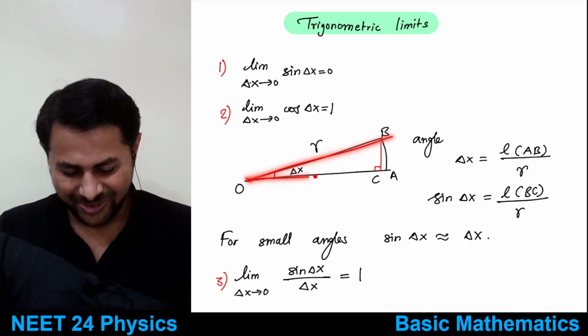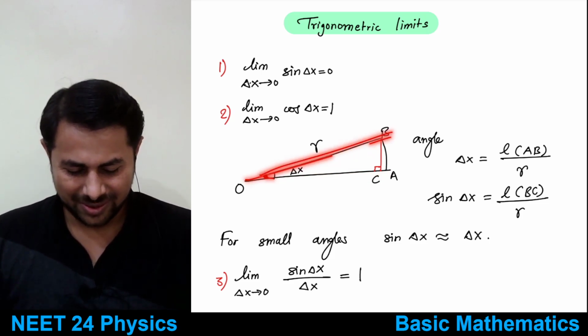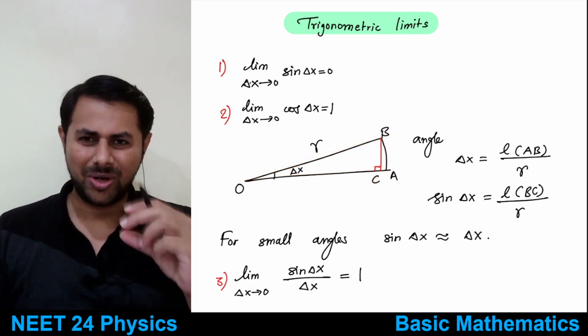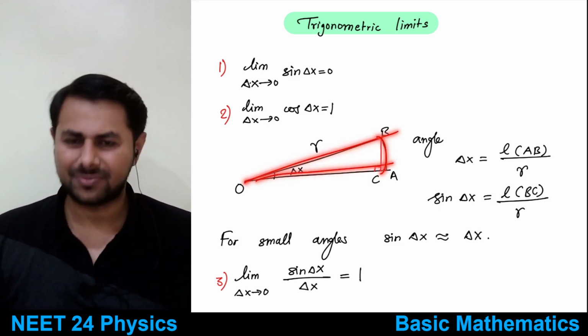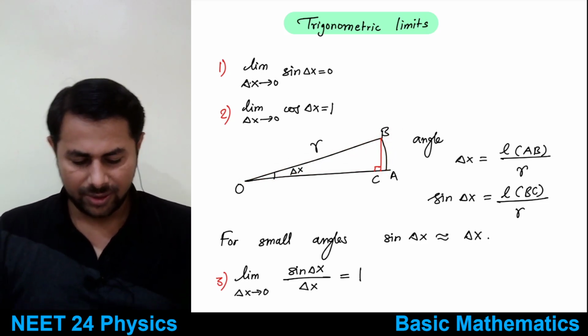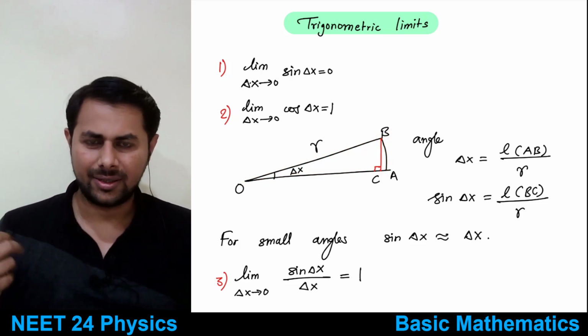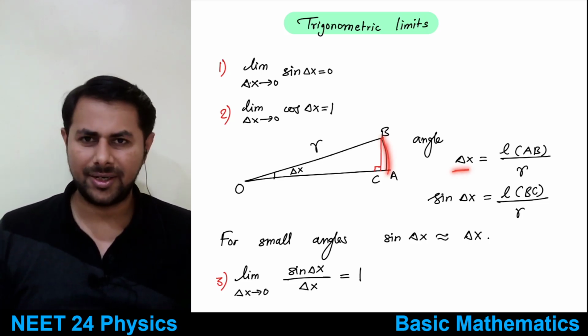Suppose this is a sector, a small portion of a circle. This is an arc of a circle, right? So how do we find the angle? We saw in the last lecture, angle is equal to length of arc divided by the radius.